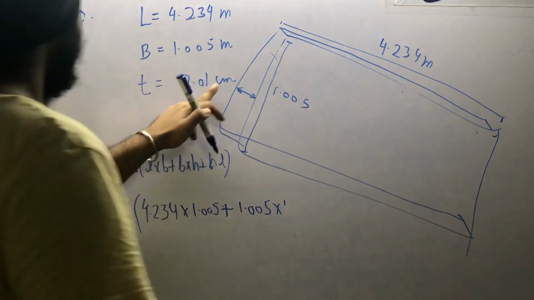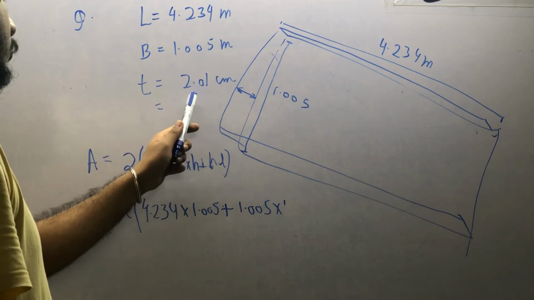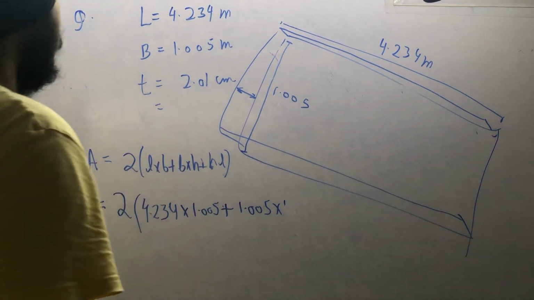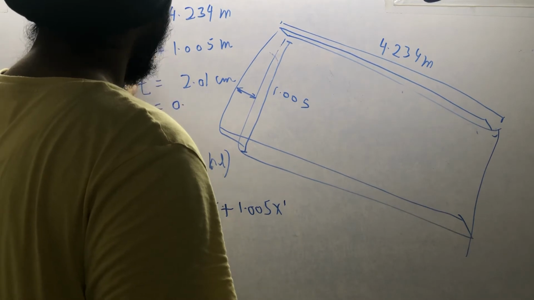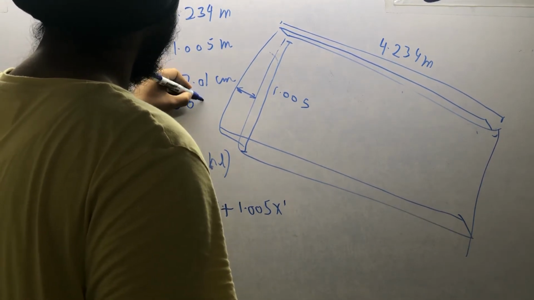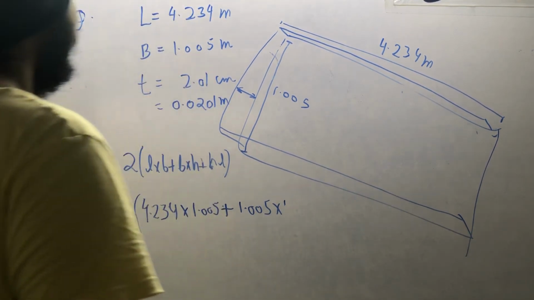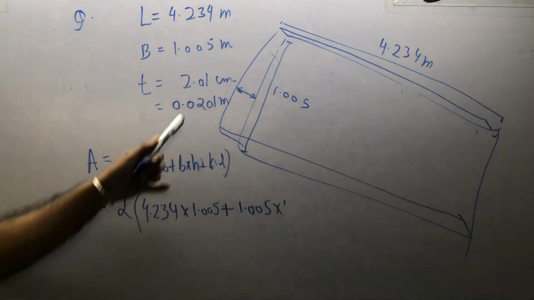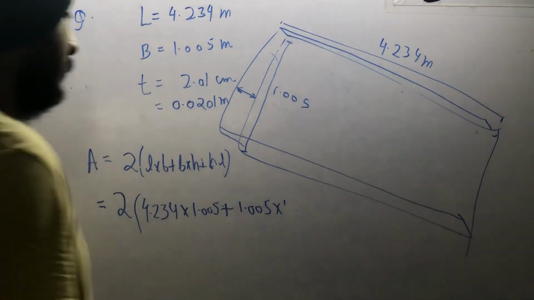Here, the thickness is in what form? This is 2.01 centimeter. Okay, so we will write how much? 1 meter is equal to 100 centimeter. Just dividing by 100, this comes out to be 0.0201.